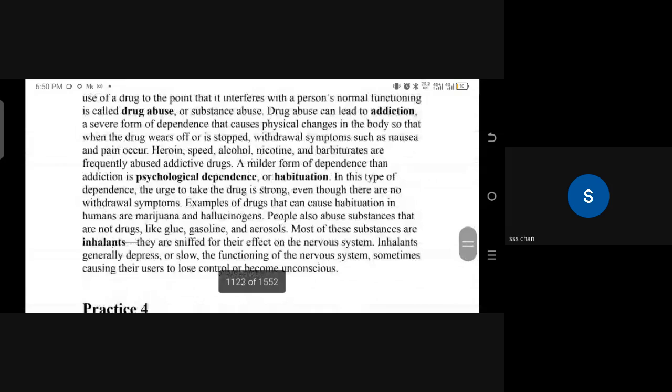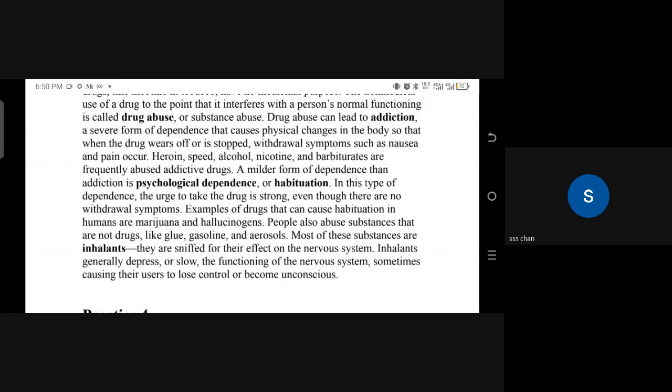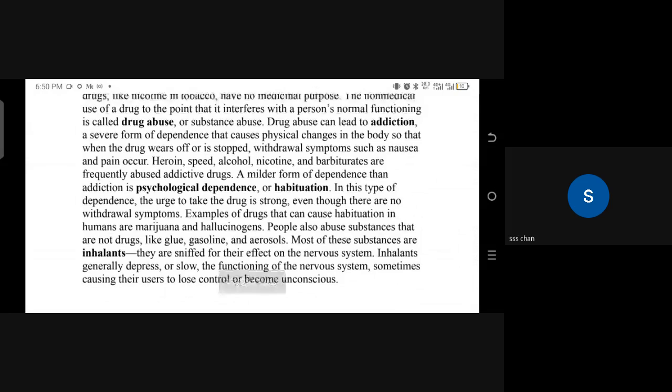Now, I will tell us the difference between addiction, psychological dependence, and habituation. The minor form of dependence is called psychological dependence or habituation. It is a type of dependence that urges you to take a strong form of drugs.